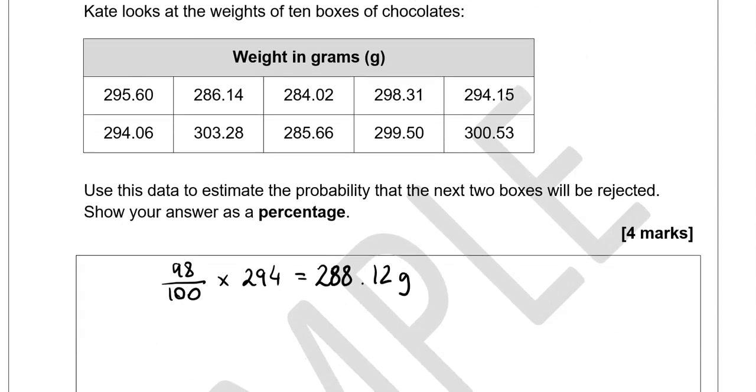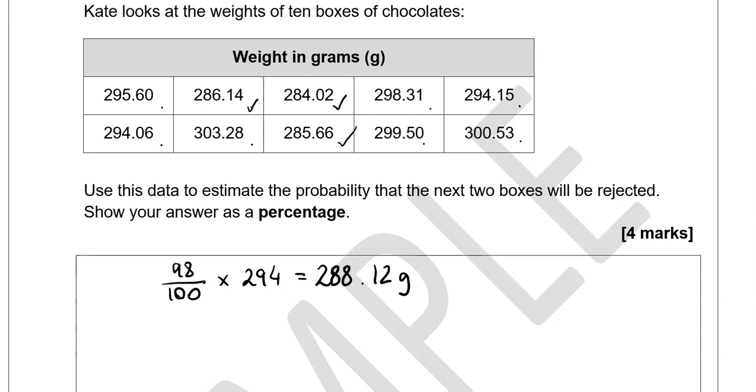Looking at these, which ones of these are under 288.12? This one is not, this one is under, and this one is under, this one is not, this one is not, this one is not, this one is not, this one is under, this one is not, and this one is not.